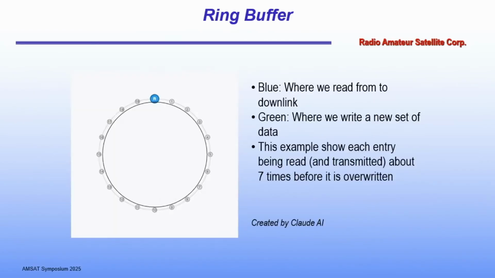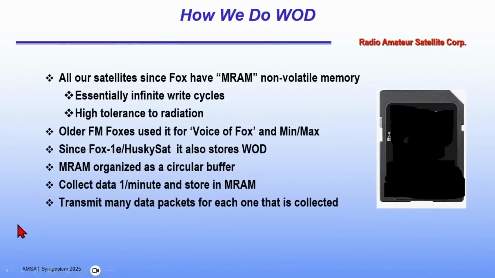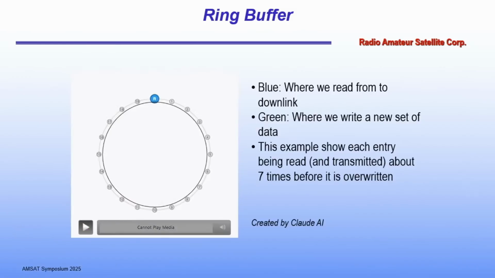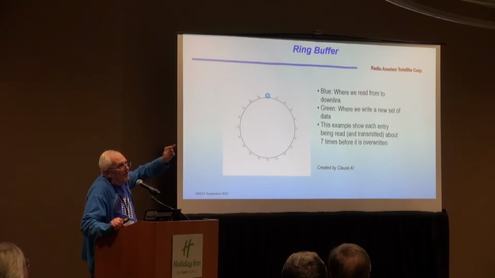Now, unfortunately, we didn't get this to work. This was a great animation that works fine on a Mac. What you see is that this is a circular buffer, and the write pointer goes chunk, chunk, chunk, and keeps writing into a slot in the circular buffer.